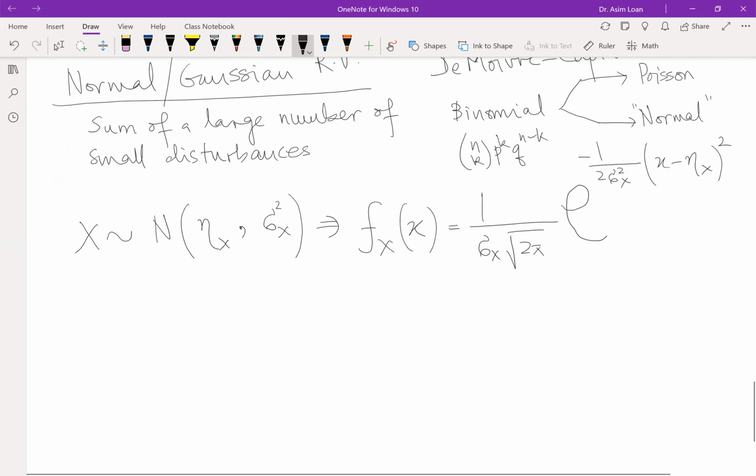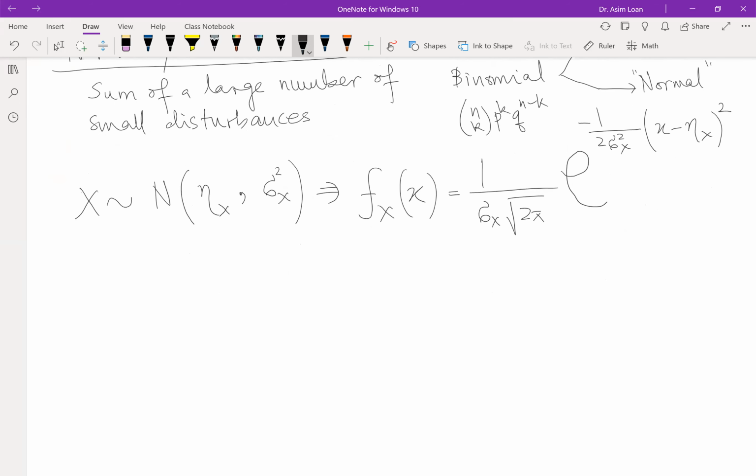And if I ask you to sketch it, since this is a square, it's symmetric around eta x. Always try to sketch these functions. Whenever you are trying to solve problems in engineering, always sketch them. Hopefully the sketch is symmetrical.